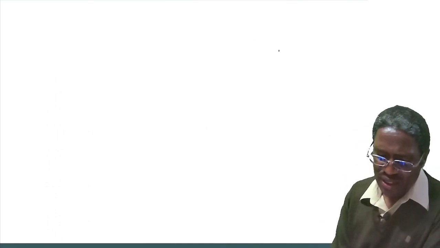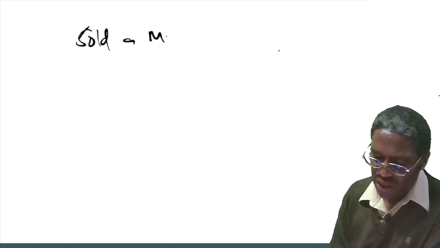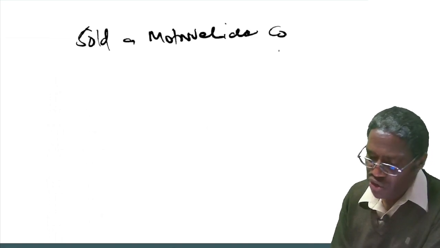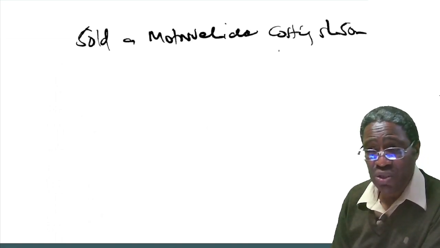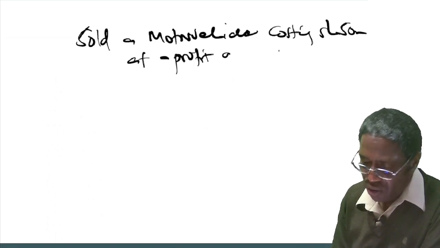Tell me this. Suppose you are told during the year the company sold a motor vehicle costing shillings 50 million. The company sold a motor vehicle costing 50 million at a profit of 10 million.